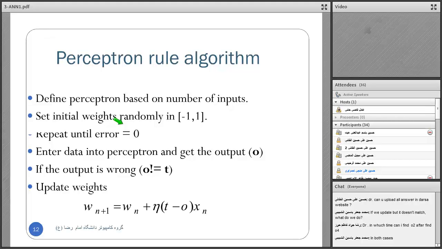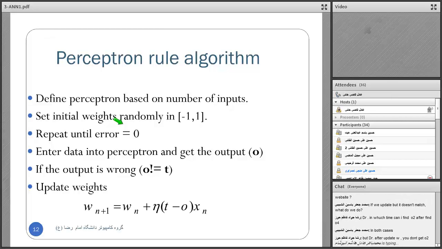That's the condition of the loop. So we can stop when we come to this condition. Okay, do you understand this? Yes.